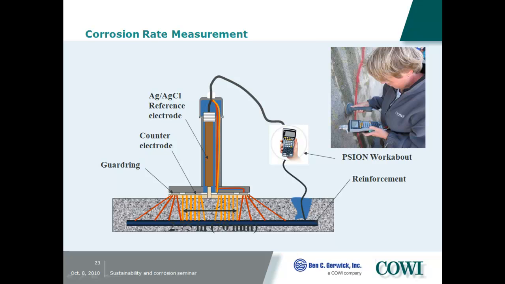Then you have a steel circle here, and you apply a current to your steel. You have a guard ring so that you center the current, and then you measure the response from this steel to the current that you apply. If you have a potential which significantly responds, then it's in a passive state. If it more or less swallows the current that you apply to it, it's in an active corroding state, and that can be calculated.